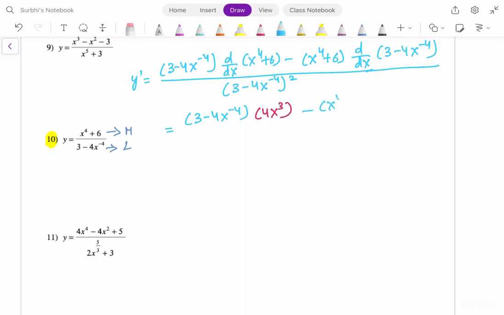And then the derivative for 3 minus 4 times x to the power of negative 4 will be 16x to the power of negative 5, because negative and negative will become positive, and everything divided by the denominator.